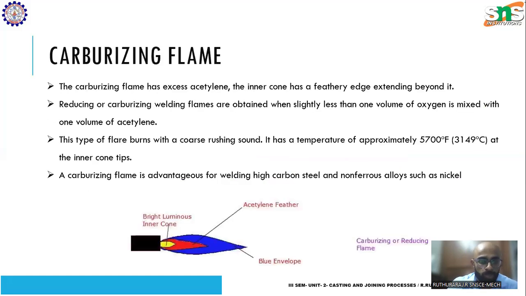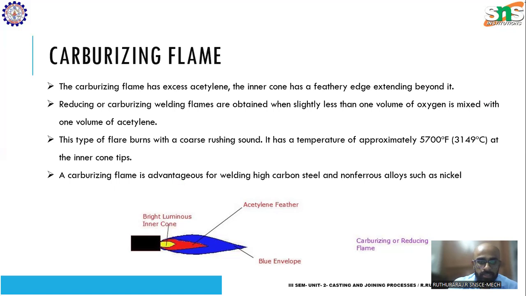Moving on to the next flame, which is the carburizing flame. This carburizing flame, as I discussed, will have more acetylene and less volume of oxygen. If there is less volume of oxygen, what happens? It has to derive oxygen from the surrounding atmosphere.